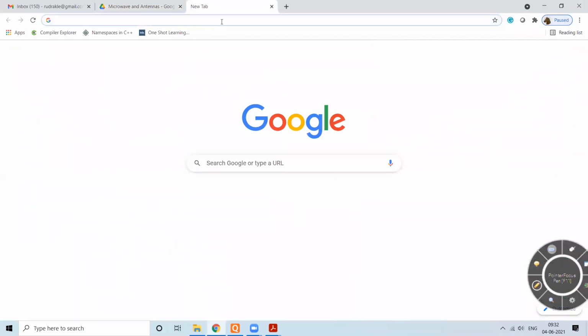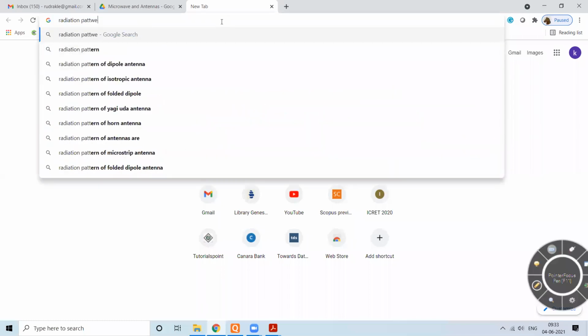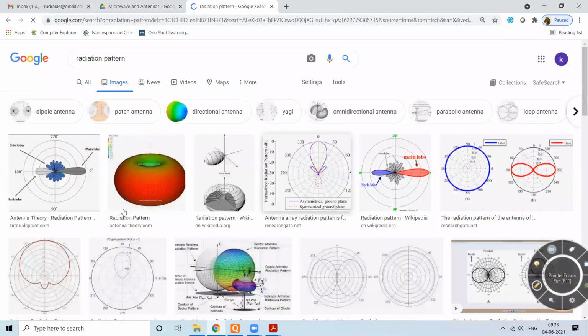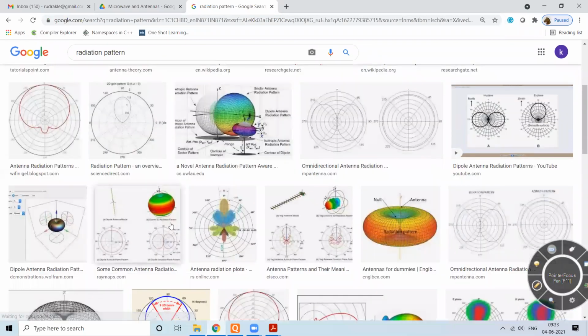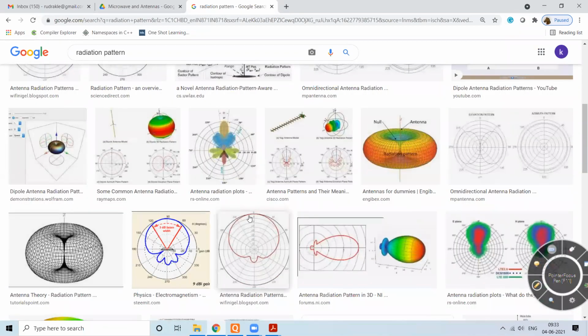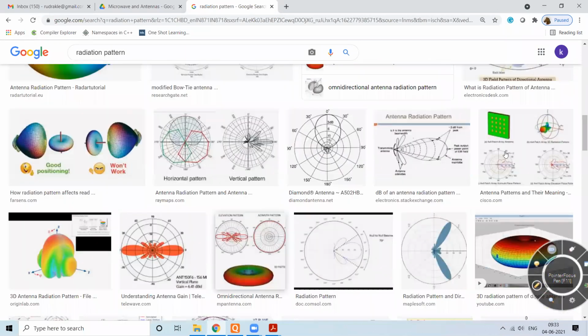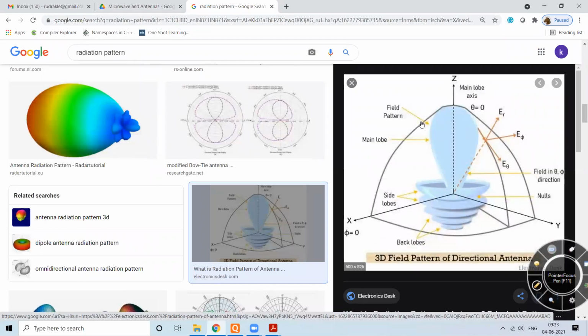So it will be in this form. So this is how the pattern may appear.